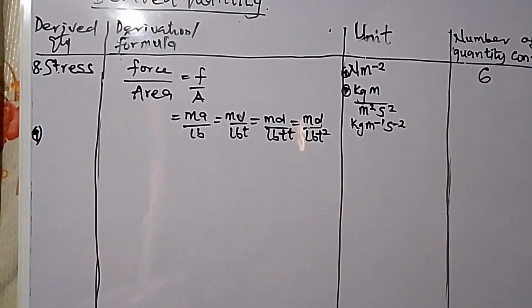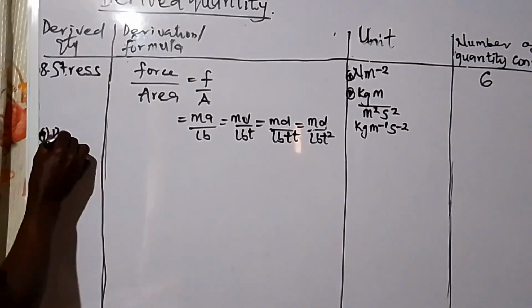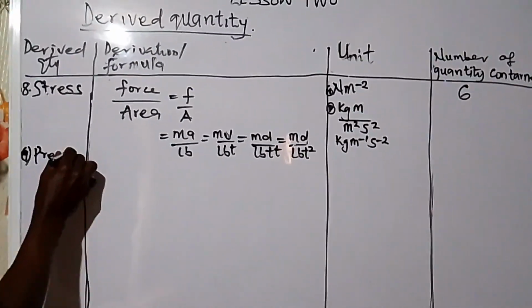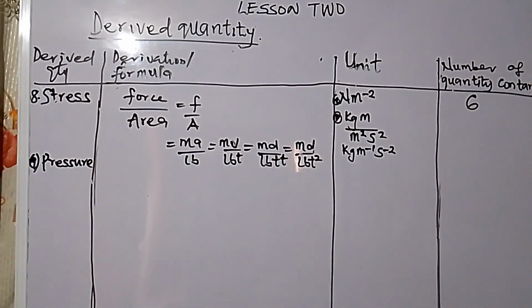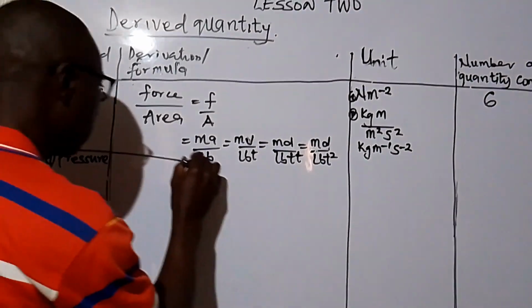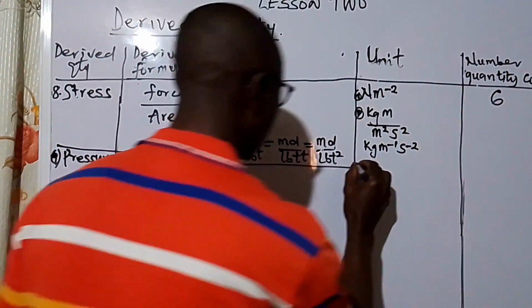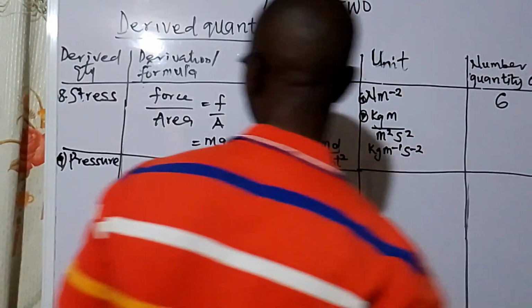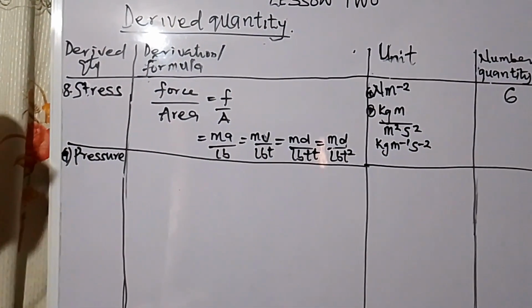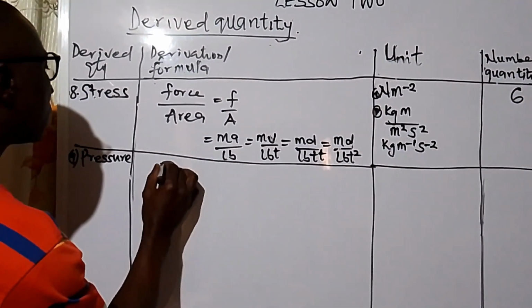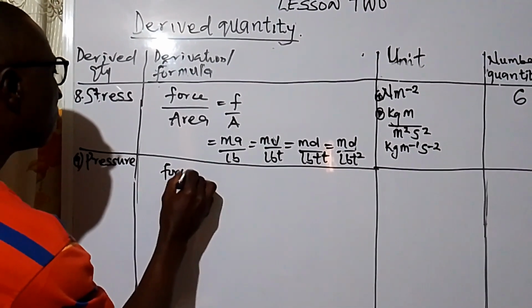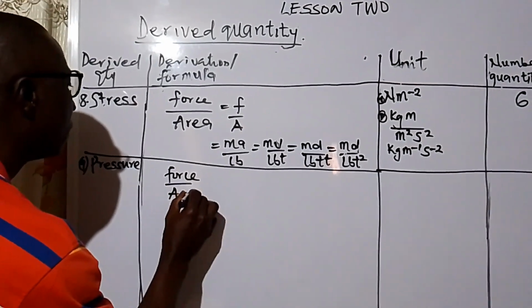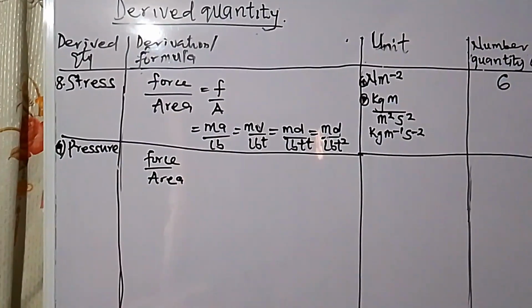Number 9, let's take pressure. For pressure, the formula also is force over area.